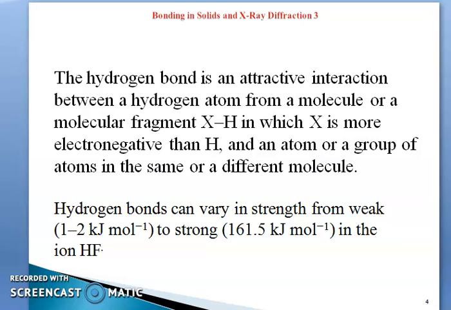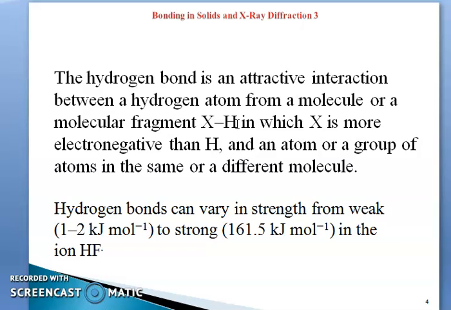The hydrogen bond is an attractive interaction between a hydrogen atom from a molecule or a molecular fragment XH, in which X is more electronegative than H, and an atom or a group of atoms in the same or different molecule.